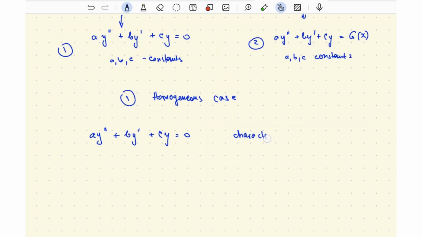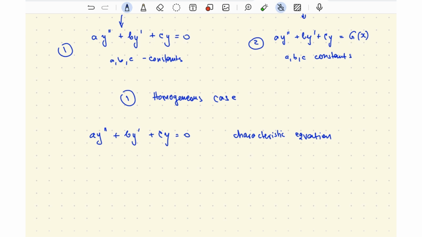I prefer to call it the characteristic equation, and that equation is obtained when, instead of y, we put r, where the power of r is the order of the derivative.